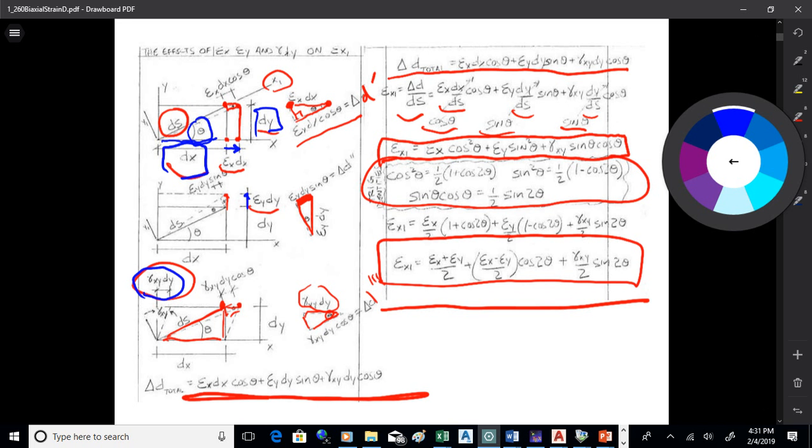And in each case, what we want to do is see what the effects are on this original diagonal line, how much longer it gets when we do those things, okay? As that corner point moves on account of these strains we're applying, that will lengthen the diagonal line that goes across.